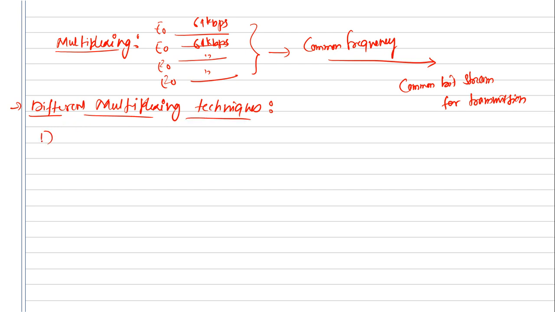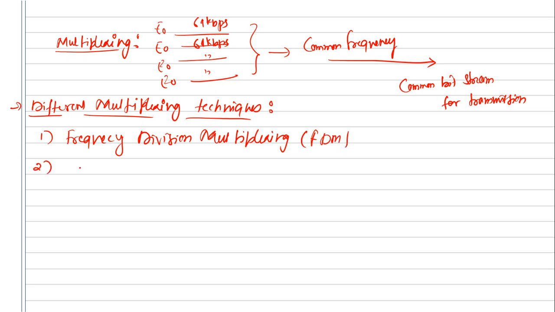The first one is called frequency division multiplexing, in short FDM.